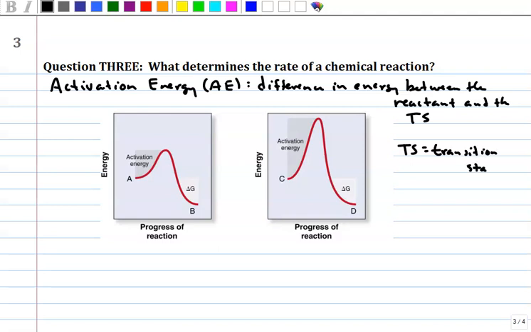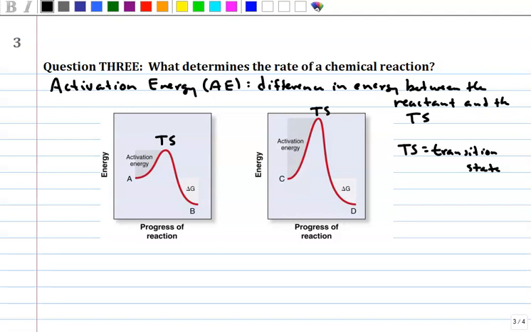Where is that transition state indicated on a reaction diagram? Right here. It is the highest point in the diagram. So really, what you are looking at here are two reaction diagrams for two different reactions. One is a faster reaction, one is a slower reaction. How are you going to be able to pick out the difference here?